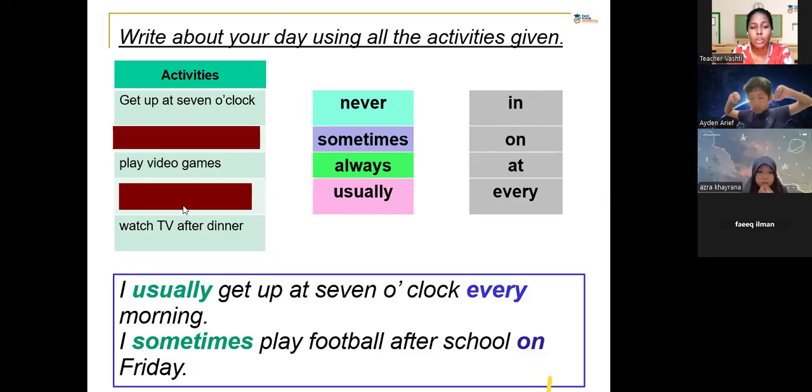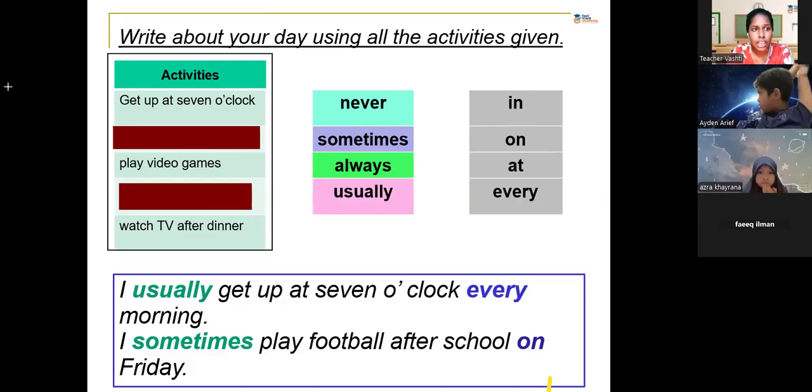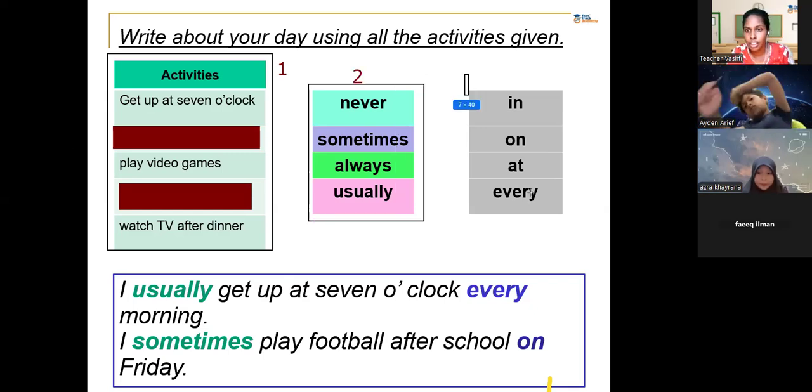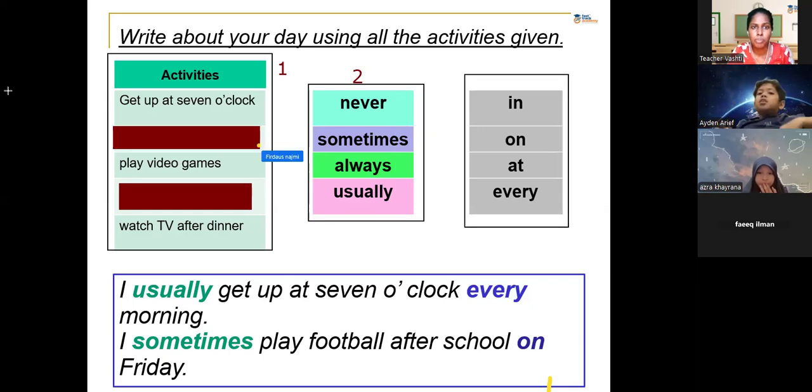Okay, now how do you write it? You have to use your activities. Ada berapa activity? 3 activity. Then you must use your adverbs of frequency. Number 2. You must also use preposition of time. Number 3.